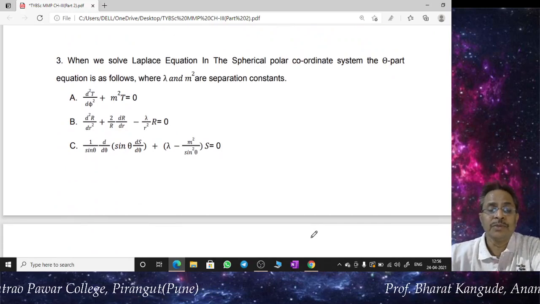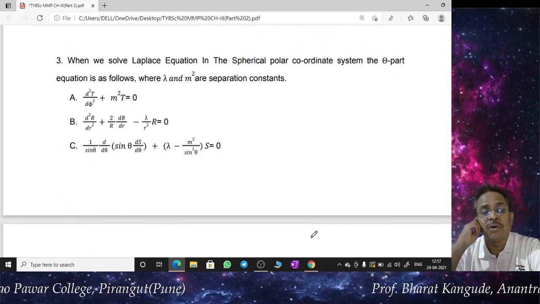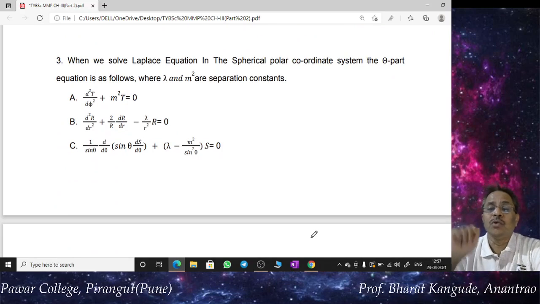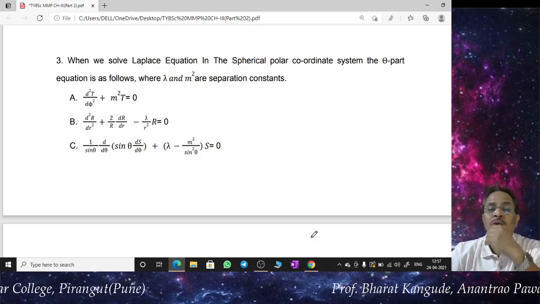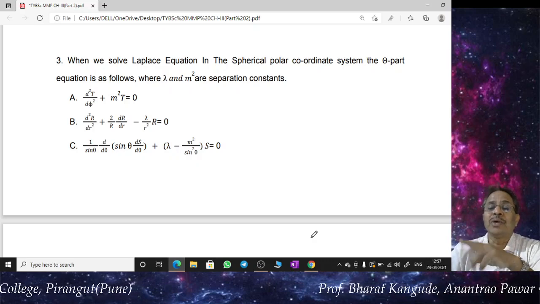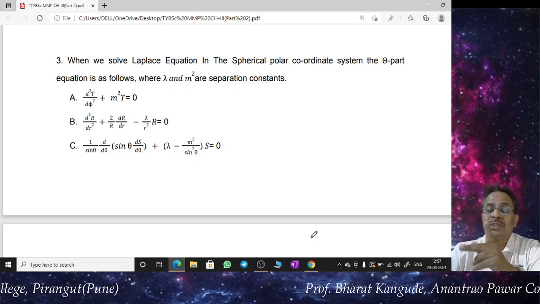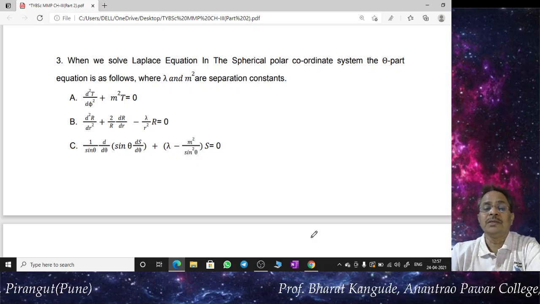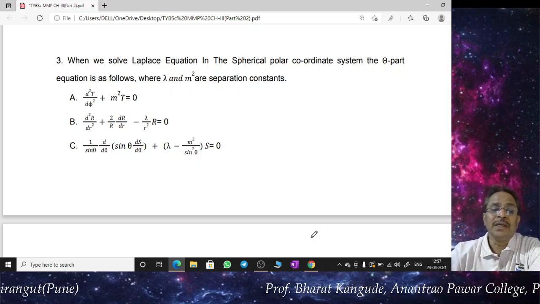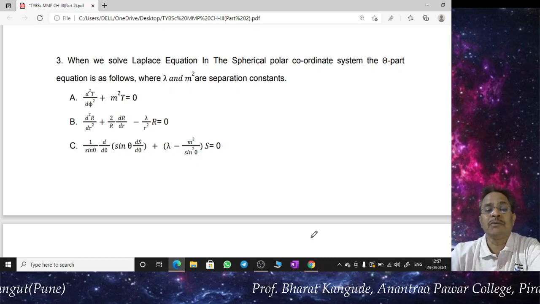Question 3: when we solve the Laplace equation in the spherical polar coordinate system, the theta part equation is as follows, where lambda and m square are the 2 separation constants. So using these 2 separation constants, we arrive at the equation which is called the theta part equation. Naturally A we have already seen; this is called the phi-part equation.